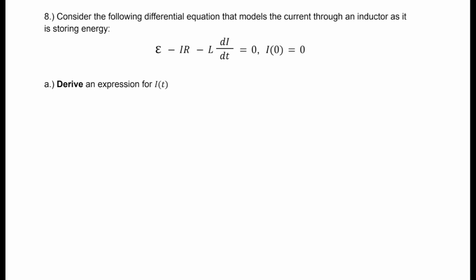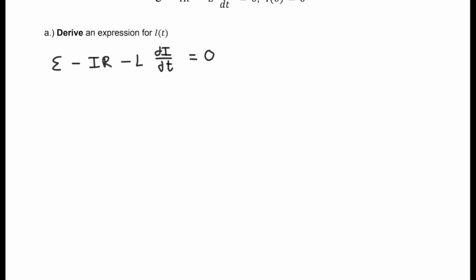So we're going to start from here, just our original differential equation. Then I'm going to divide everything by R and make some substitutions. So dividing every term by R.